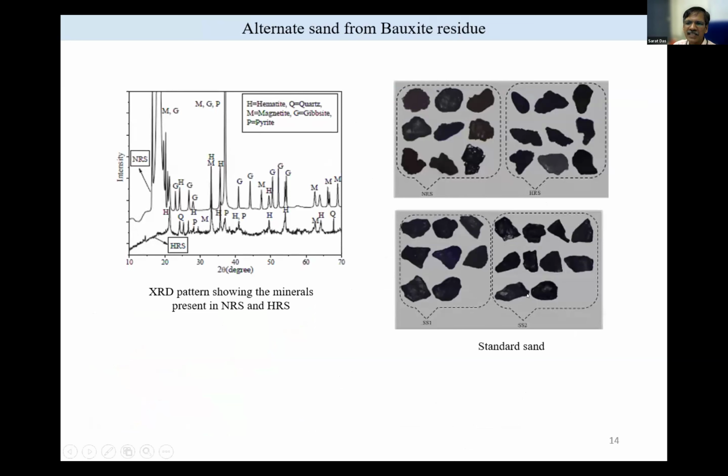And look at the particle shape compared to standard sand, and this is from the bauxite residue. It is very difficult to find out how they are different. Only the color is different. It is red, and the sand color is grayish. So we should not be deceived by size alone. We need to go for its mineral and chemical composition.